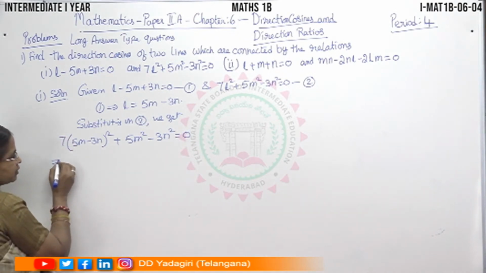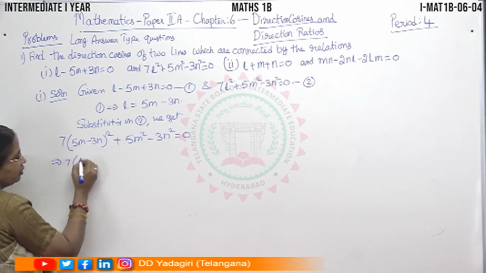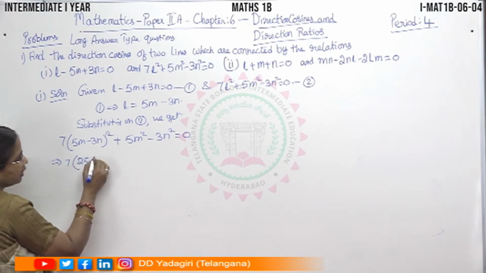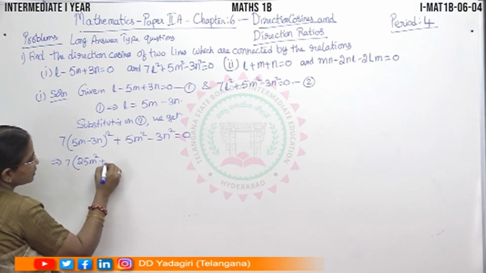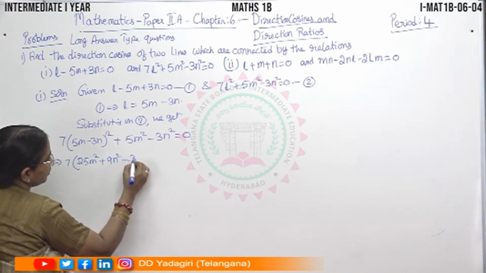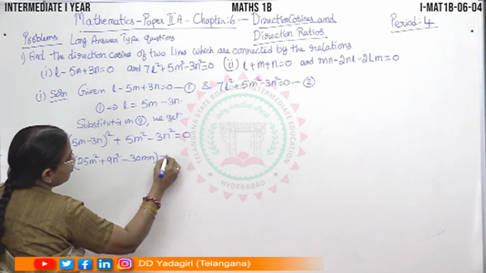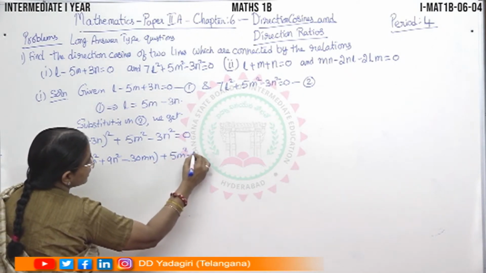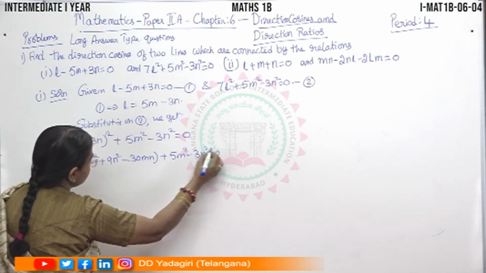Now expand this. So you will have 7 into 25m square plus 9n square minus 30mn, plus 5m square minus 3n square is equal to 0.